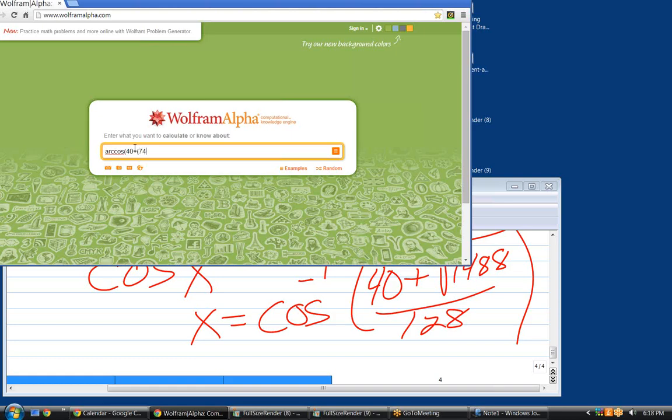Wouldn't it be to the 1/2, not squared? Oh, thank you. 0.5. And then I need another set of parentheses to divide this whole thing by 128.